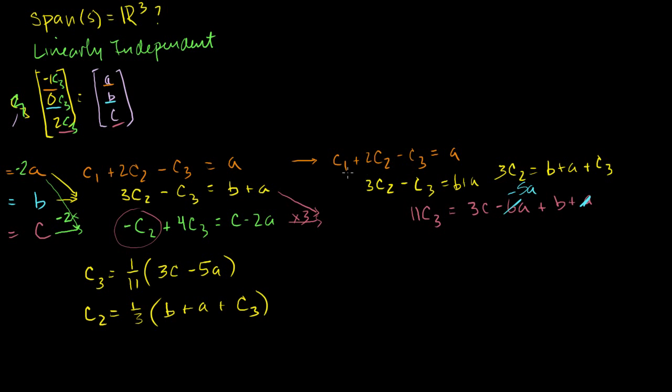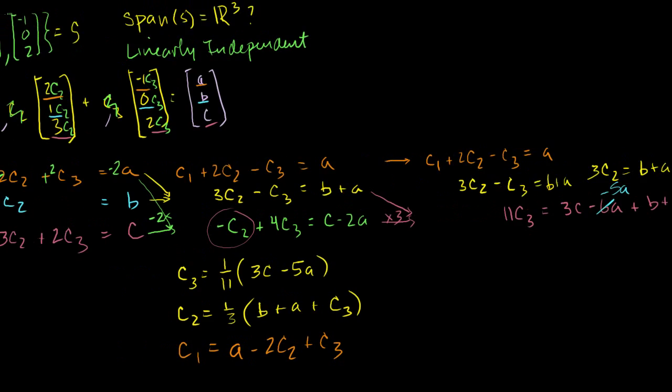And then what is c1 equal to? Well, if I rewrite this top equation, if I subtract 2c2 and add c3 to both sides, I get c1 is equal to a minus 2c2 plus c3. So what have I just shown you?